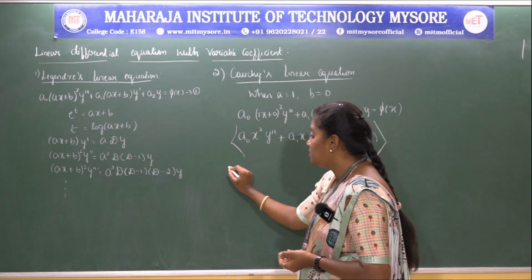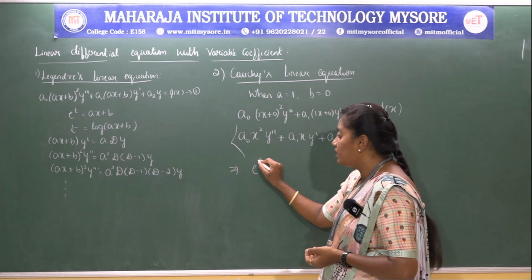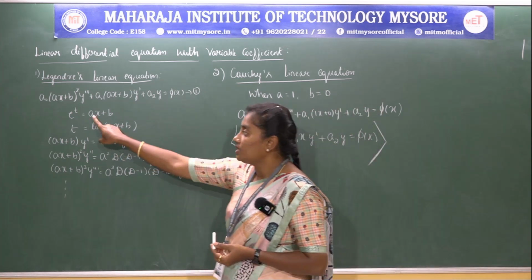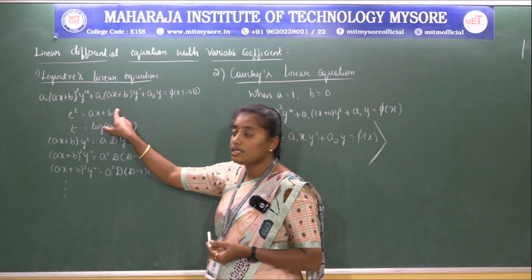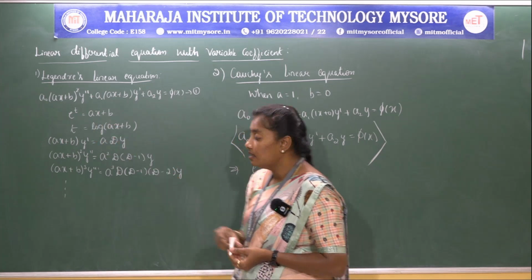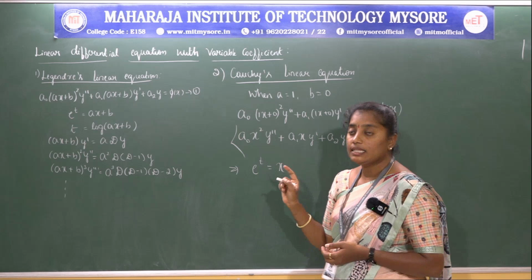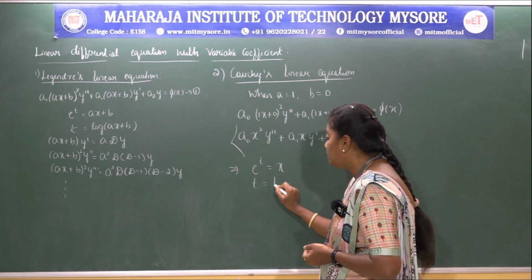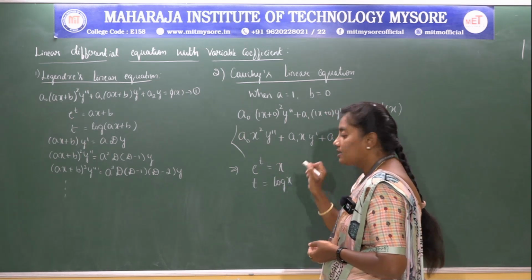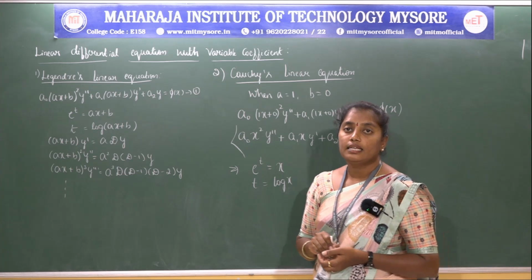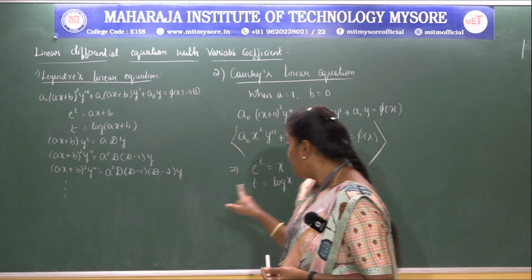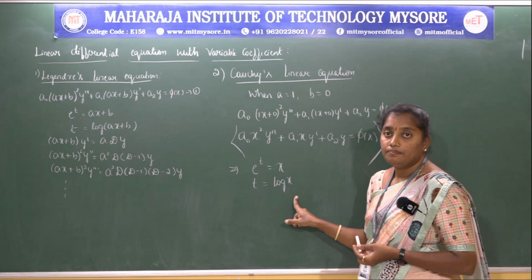Then what is the substitution here? e to the power t is equal to x, since on substituting a is equal to 1, b is equal to 0, we are left with x. On simplifying, we get t is equal to log x in Cauchy's linear equation.